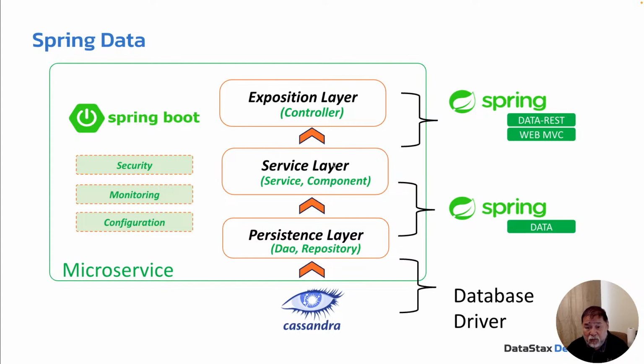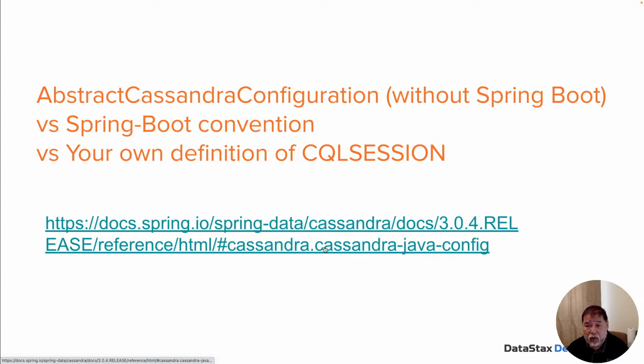So we need to put these parts together to make Spring Data work. And you can use Spring Boot and Spring Data for Cassandra, or you can use it without it, and then you have to configure the drivers and all that yourself.